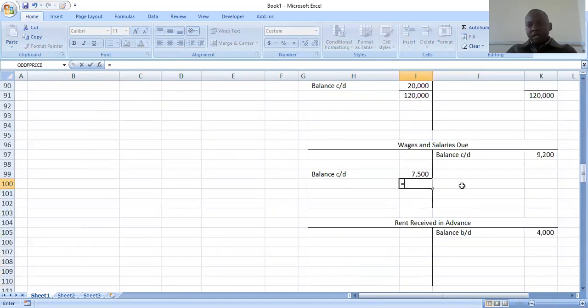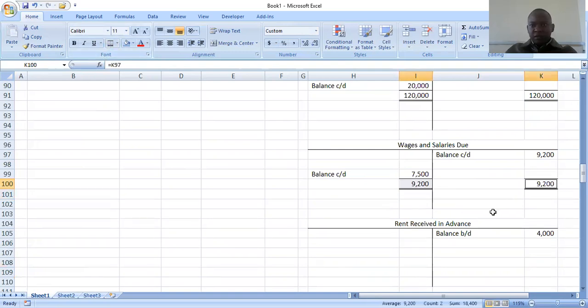The total of both sides, we take the heavier one, is 9,200. This is the total of both sides. It needs to be equal. So our credit side is less, and it is less by how much? By 9,200 minus 7,500, which is 1,700.